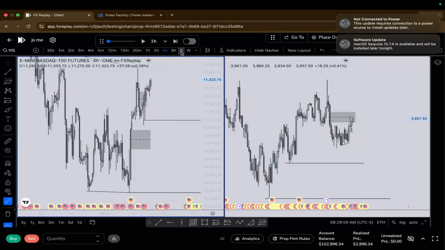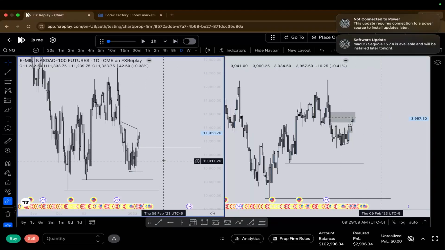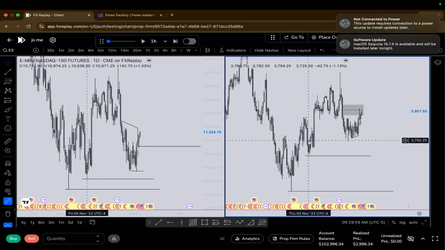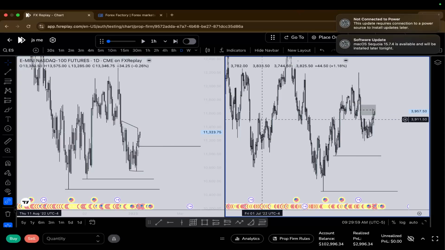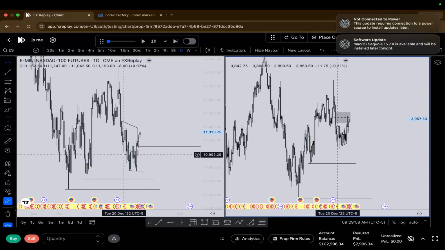Okay, so currently on the daily time frame, we seem to be bearish up until this gets taken, looking like a flip. Wait, are we both in the daily time frame? Okay, we are in the daily time frame.